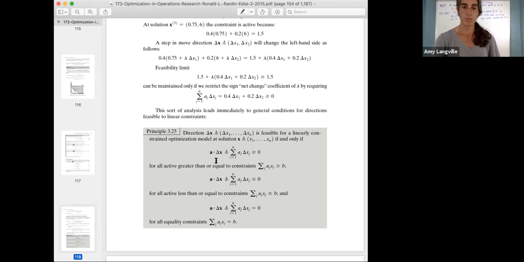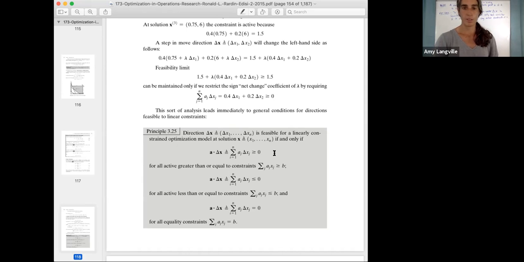So you're going to divide your constraints into these three classes: greater than, less than, or equal to. And then you're going to make the condition that you're checking: a dotted with that direction greater than 0 for greater than, less than 0 for less than, equal to 0 for equal to's. But here's a key. Anytime you have theorems, you want to check the hypotheses.